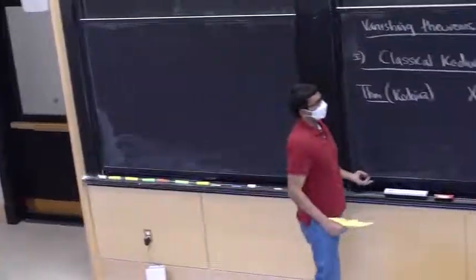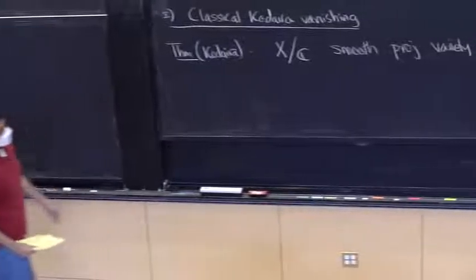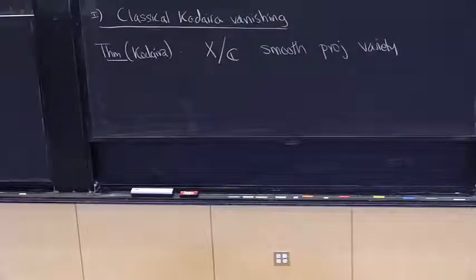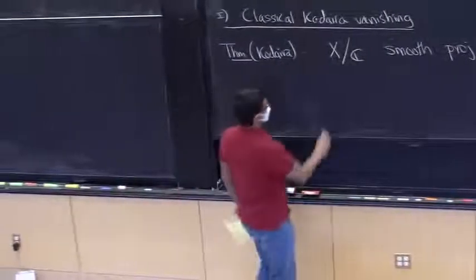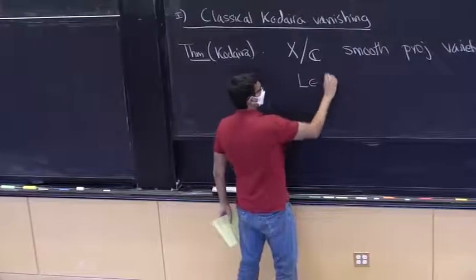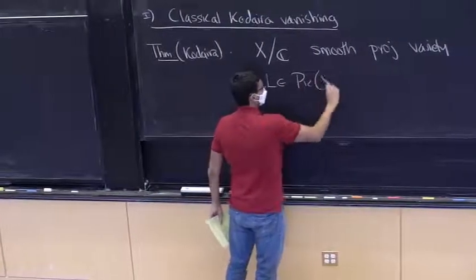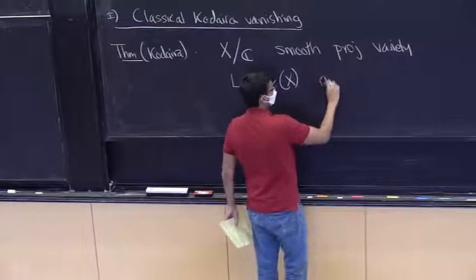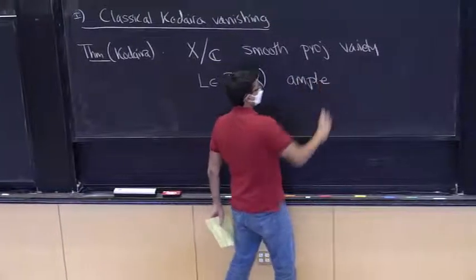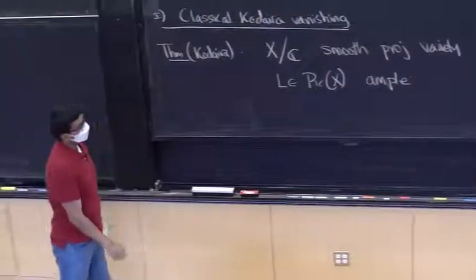The vanishing concerns certain cohomology groups attached to X, but also attached to a line bundle on X. So I give myself a line bundle on X which has some positivity property. An algebraic geometric way of saying that is that it's ample.